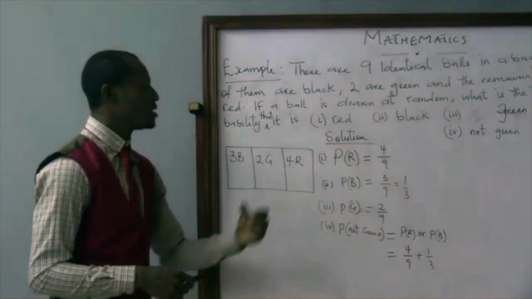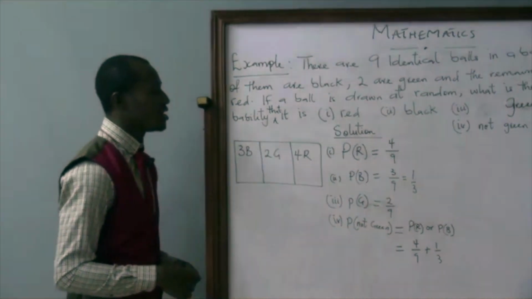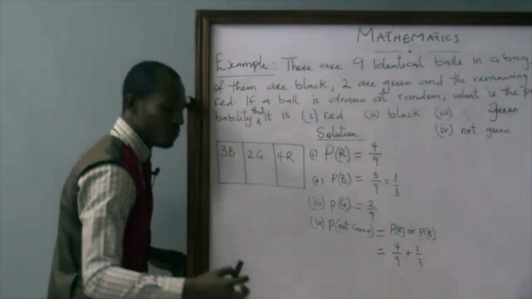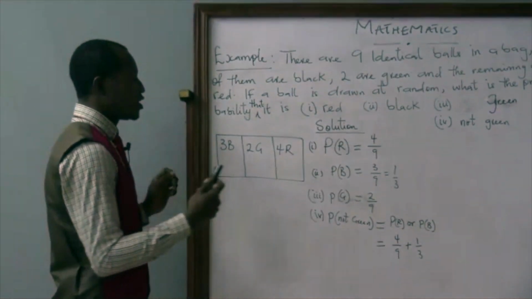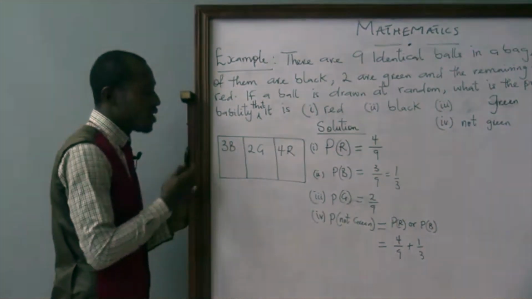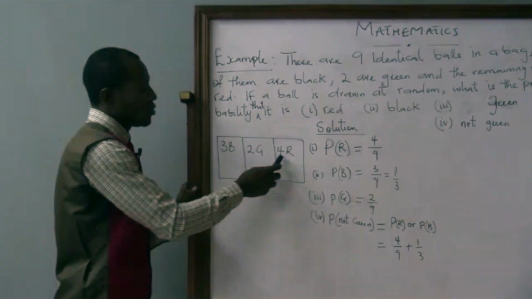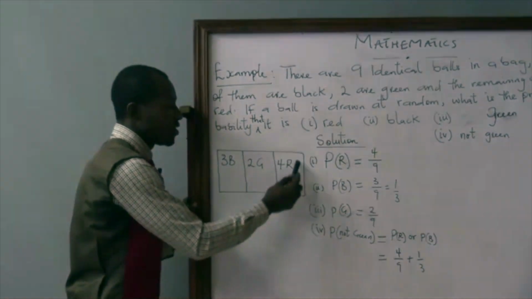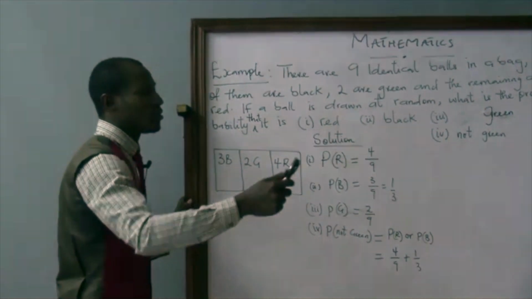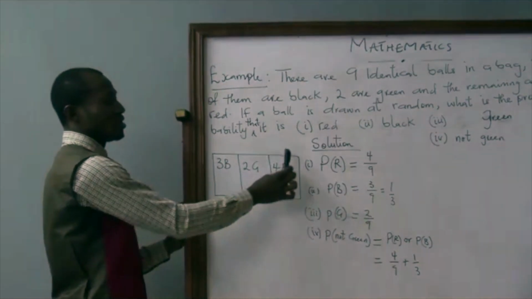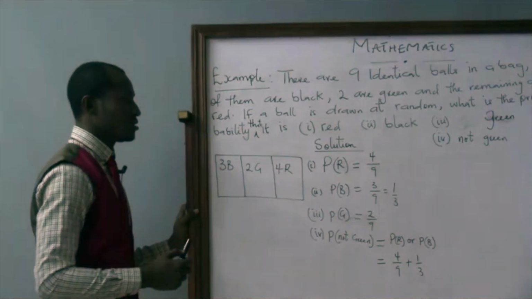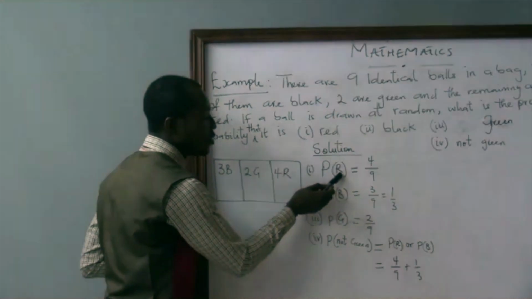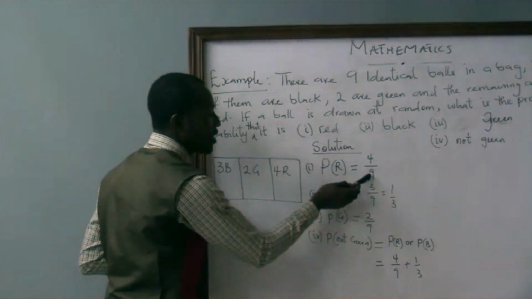If I'm interested in the probability of picking a red ball from the bag, I go to the bag and count how many red I have: 1, 2, 3, 4. So 4 favors red. The total possible outcome is the addition of all the balls in the bag, which is 9. So the probability of picking a red ball is 4 divided by 9.